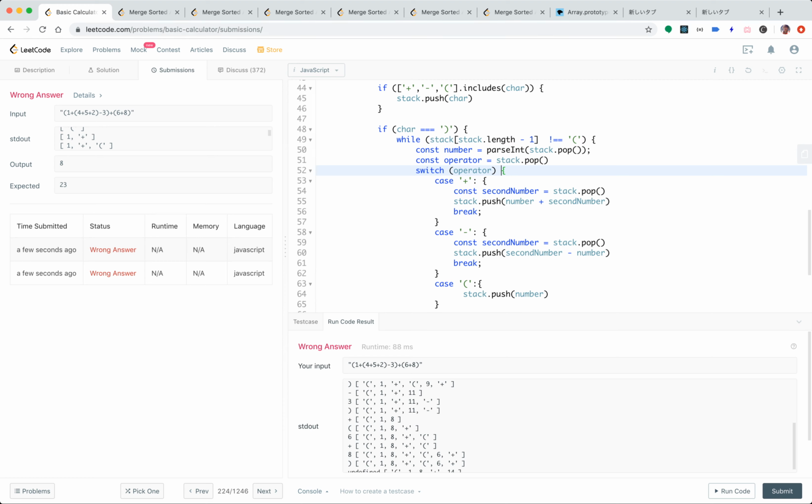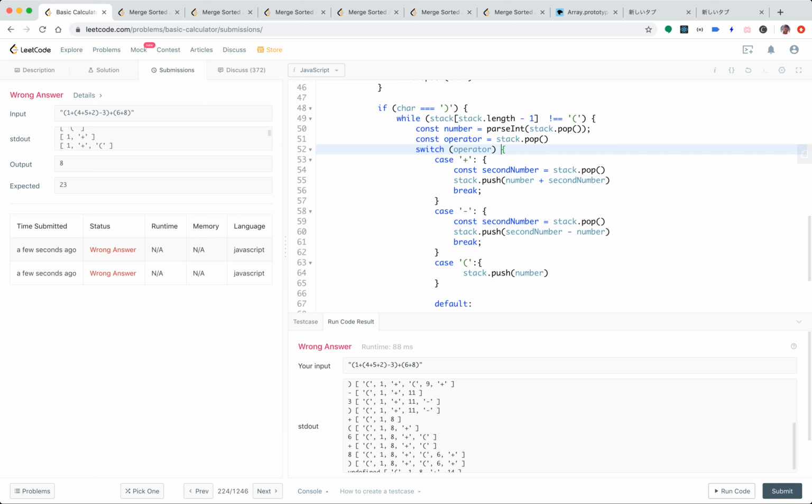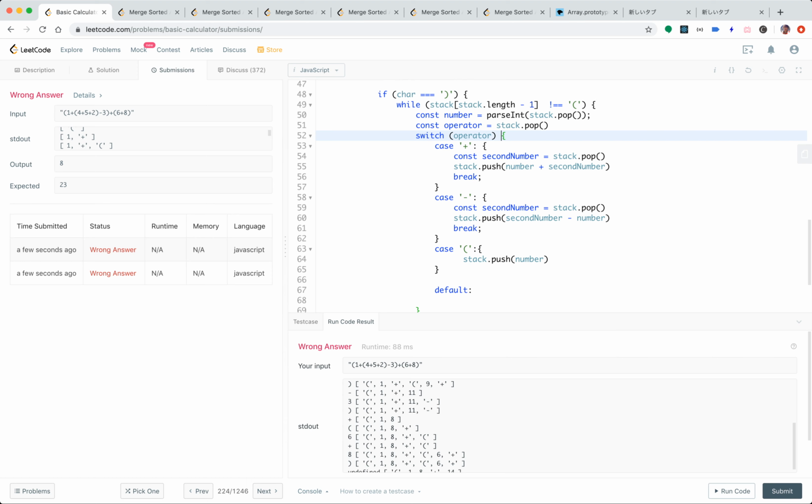Case operator is case. If case we don't do anything. If matched with this one, we push it back. No. Oh yeah, we pop it. Actually, we pop it. When will it be done?